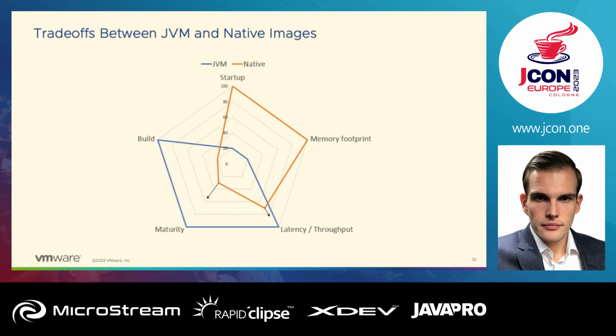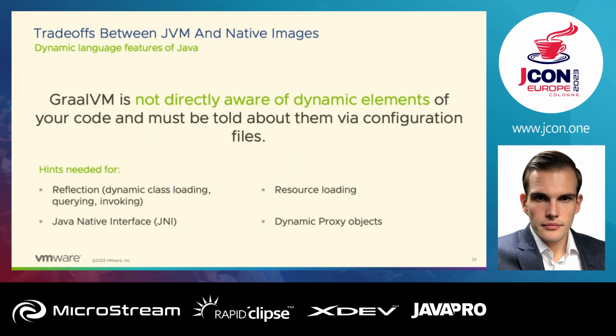But a huge problem that probably will never be mitigated in the near future is the build time. It takes a lot of time, several minutes to build a more complex application, or even hours. Another trade-off is that native image compilation is not aware of dynamic elements of your Java code.